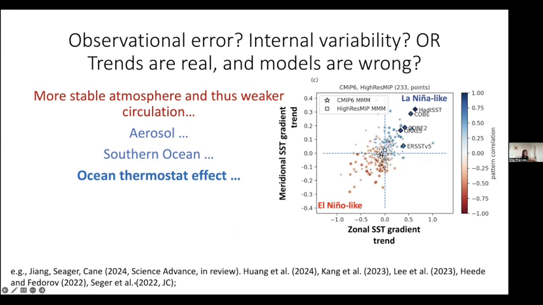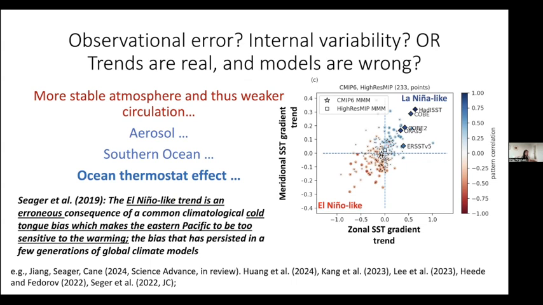We usually see it increase both the zonal and meridional gradient compared to the El Nino-like pattern. This image shows the observed data, all suggesting an increasing trend of zonal and meridional gradient compared to the model spread. So models do go toward the La Nina-like pattern, but none of them is as strong as the observations.